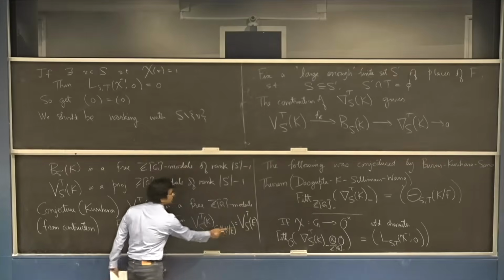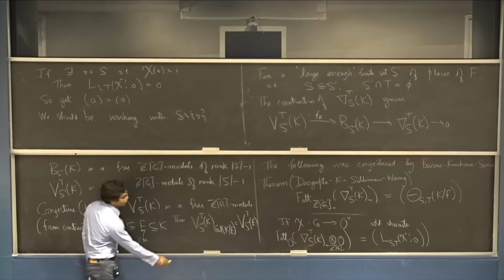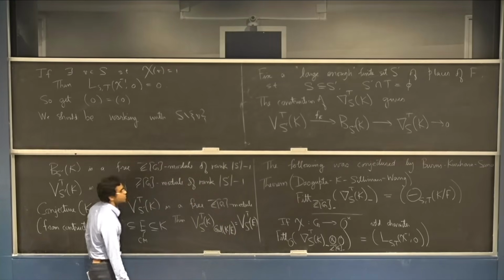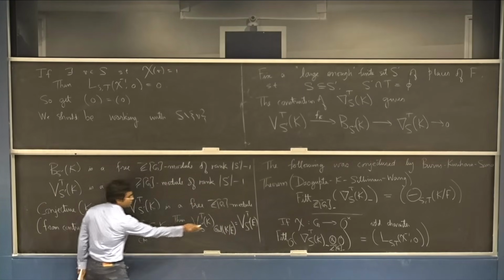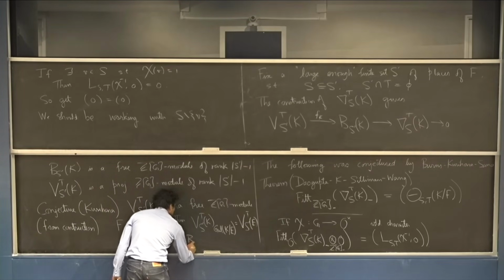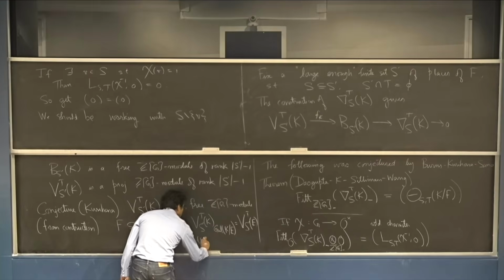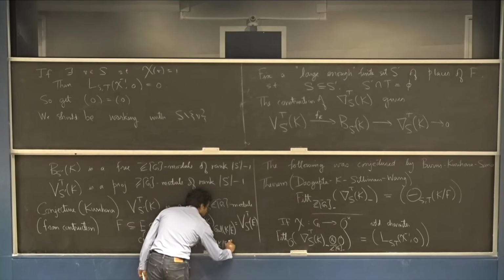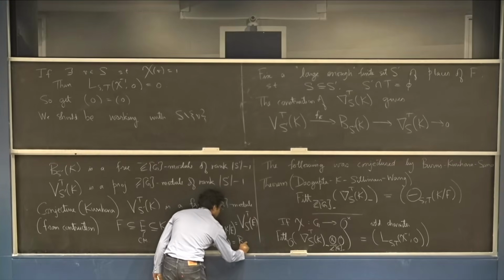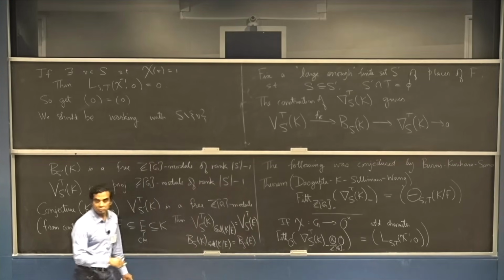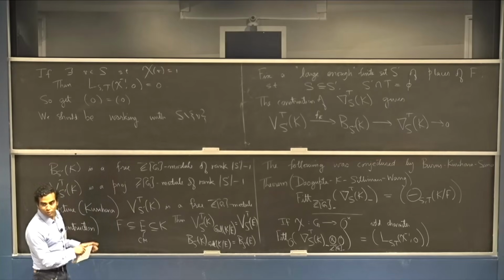So it's the same set S prime, by the way. And so this will be a Gal(E/F) module of rank number of elements in S prime minus 1. So it's the same rank over the smaller group. And the same thing holds for B. No, not for the boundary map.